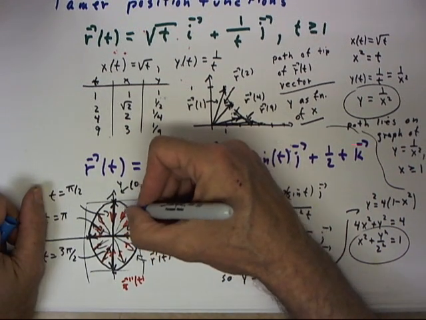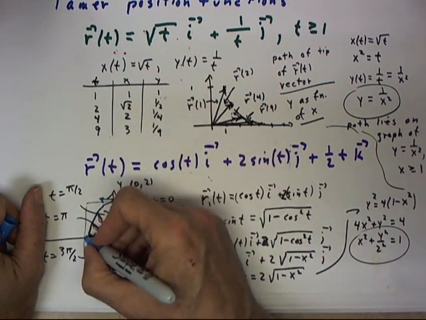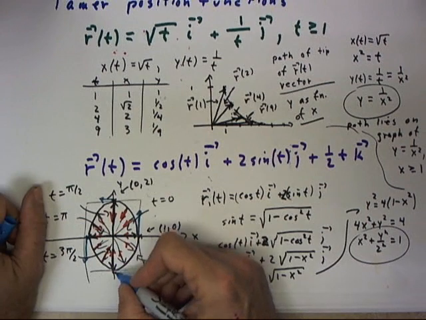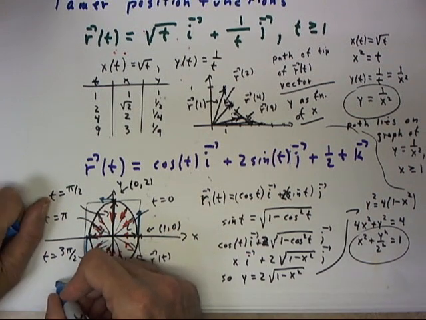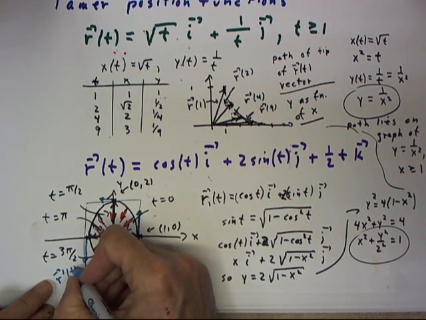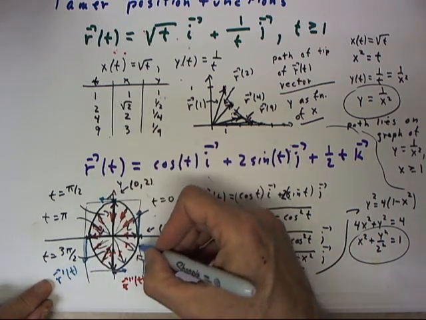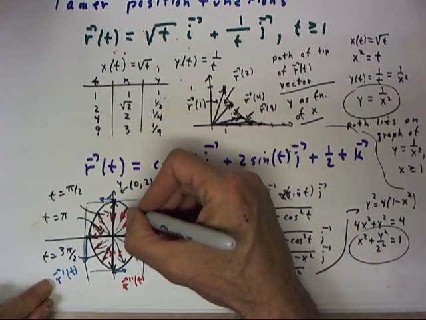So let's go ahead and graph, or just depict, r prime at a few points. And we'll use this color, the r prime of t vector. It's bigger here and here, smaller here and here, but of course it's always tangent to the curve.